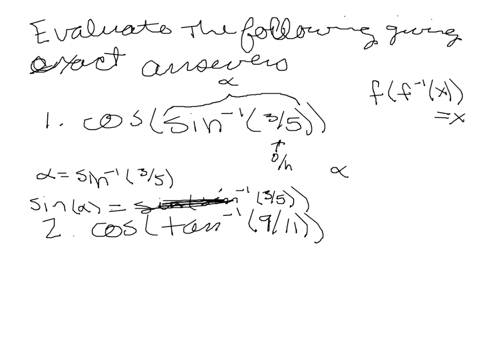And so what I have is sine alpha equals 3/5, and sine is equal to opposite over hypotenuse. So this is a 3, 4, 5 triangle.